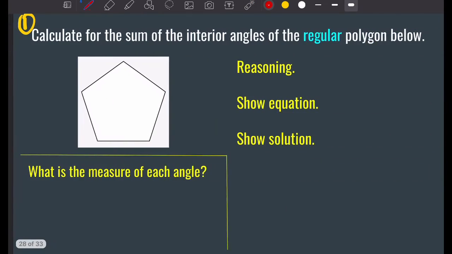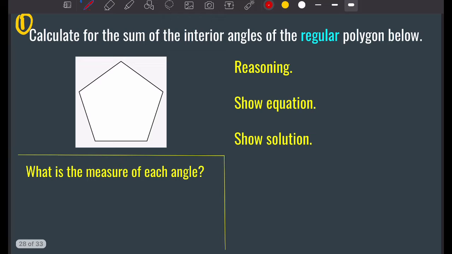So part 1. This one we did in class. This is just a review, so hearing it again is good. We are looking for the sum of the interior angles of a regular polygon. Take note, I highlighted regular in blue because that's very important to know.